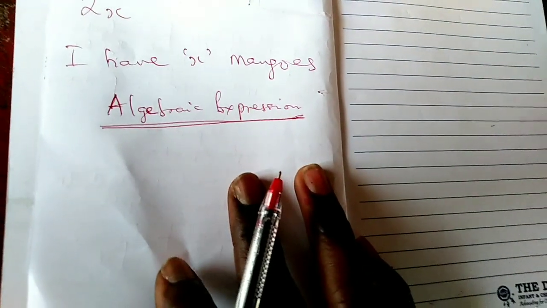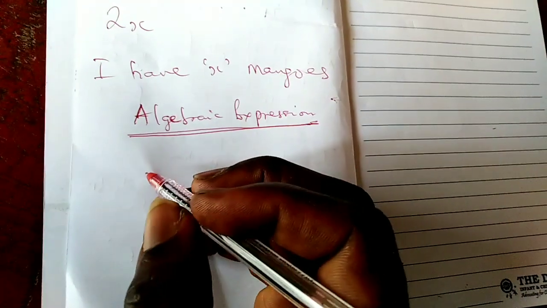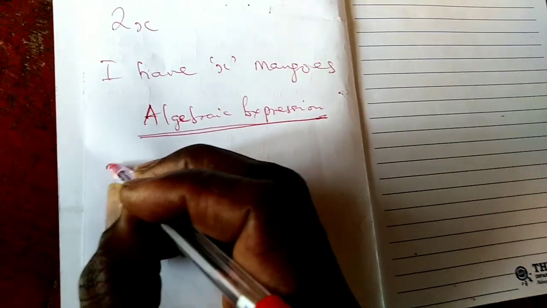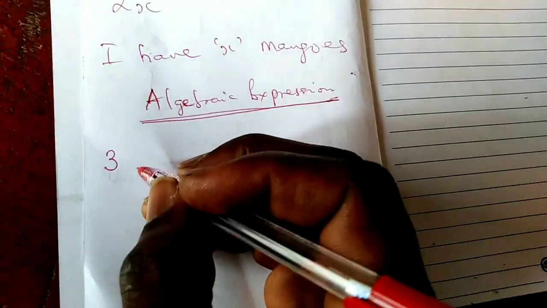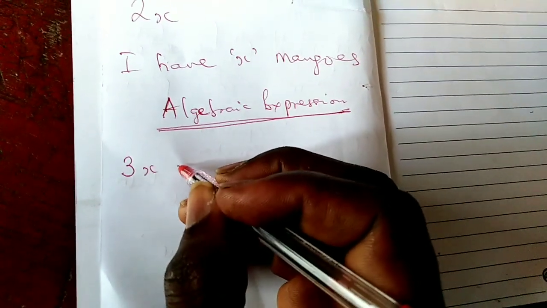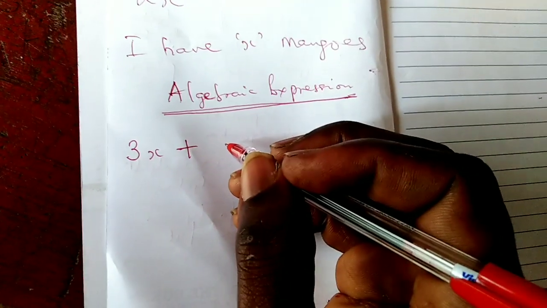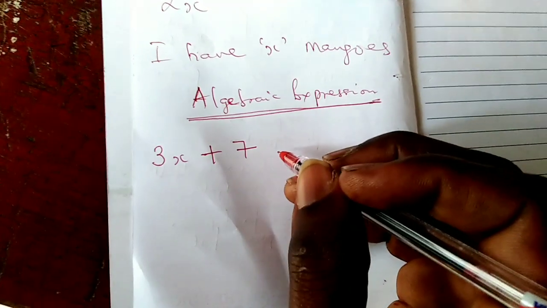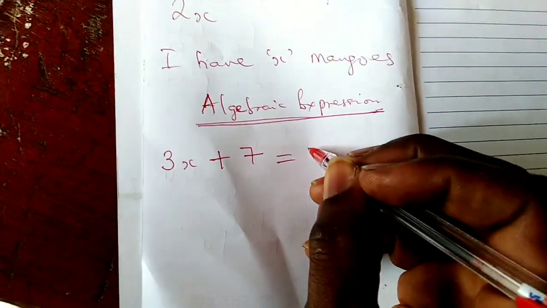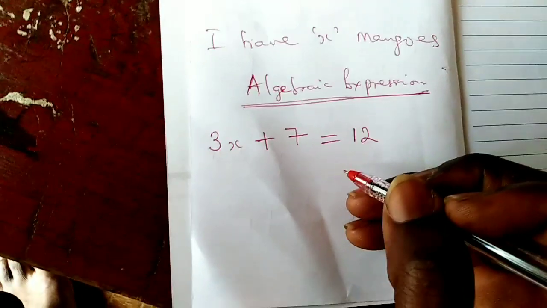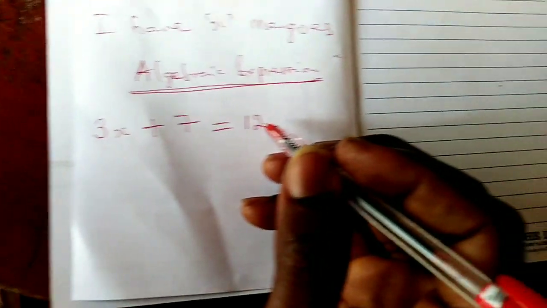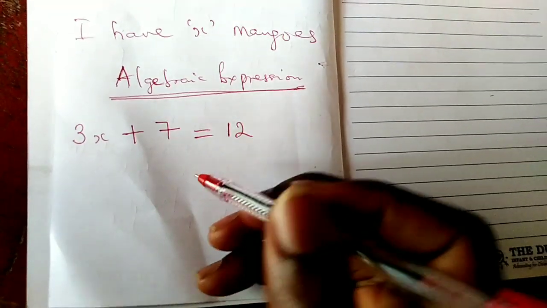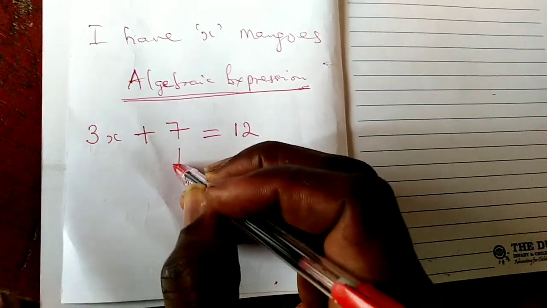An algebraic expression is a combination of numbers. For example, you say 3x plus y, this is 7 equals to 12. Alright, so an algebraic expression is a combination of numbers, letters, and a mathematical operation. Numbers, these are numbers.